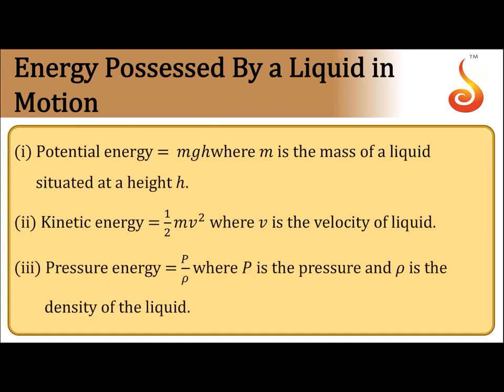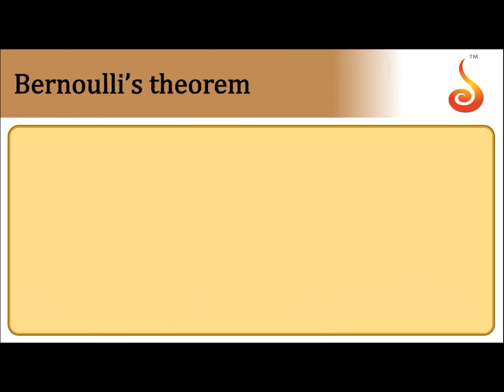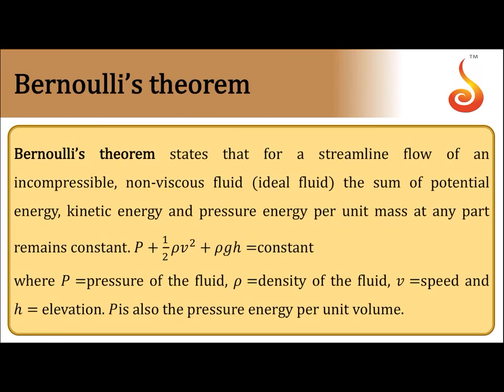Then energy possessed by a liquid in motion. It has three energies. One is potential energy mgh, kinetic energy half mv square, pressure energy that is p by rho. Now coming to Bernoulli's theorem. According to Bernoulli's theorem, for a streamline flow of an incompressible non-viscous fluid, sum of potential energy, kinetic energy and pressure energy per unit mass remains constant.